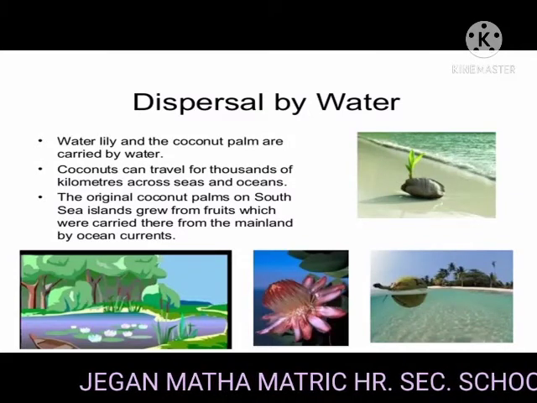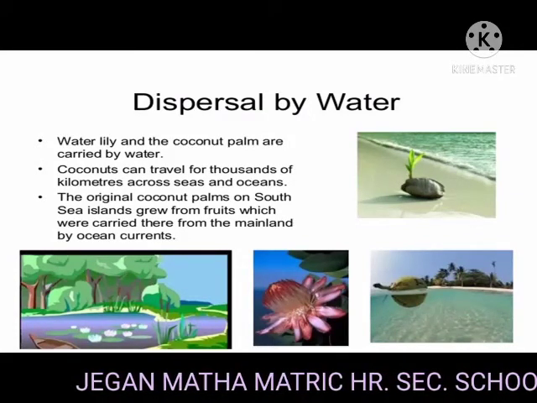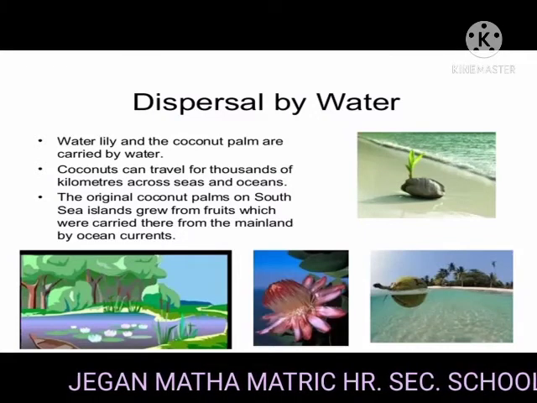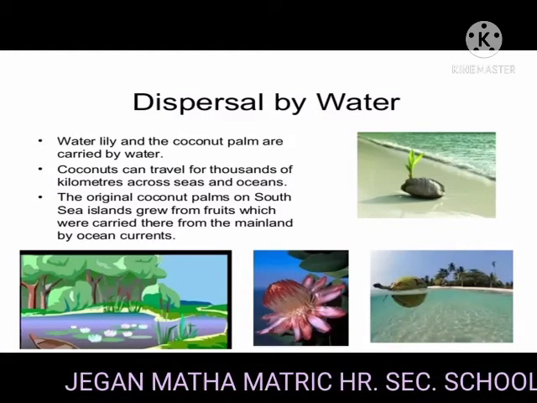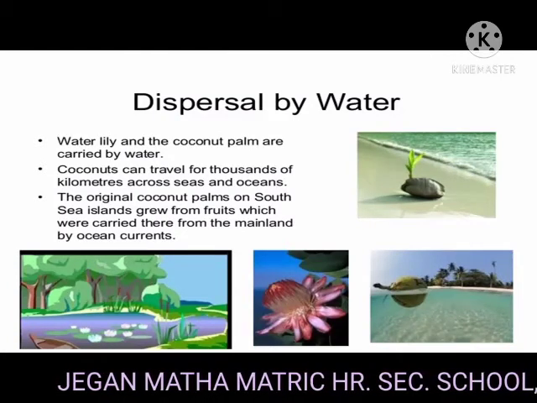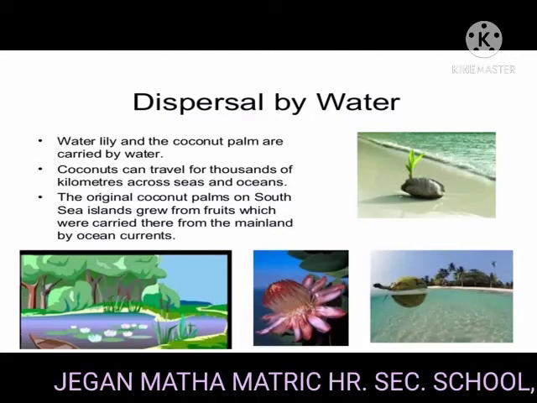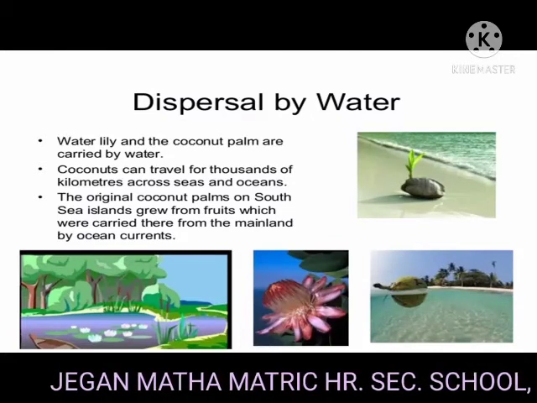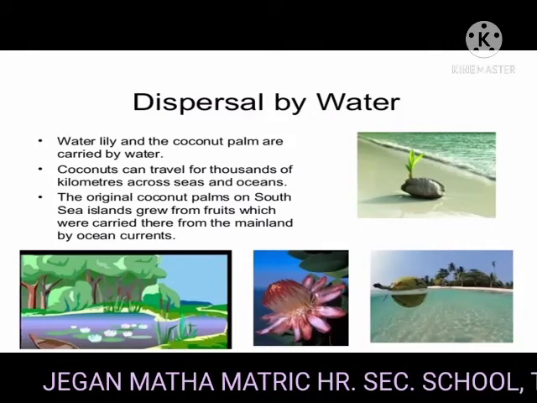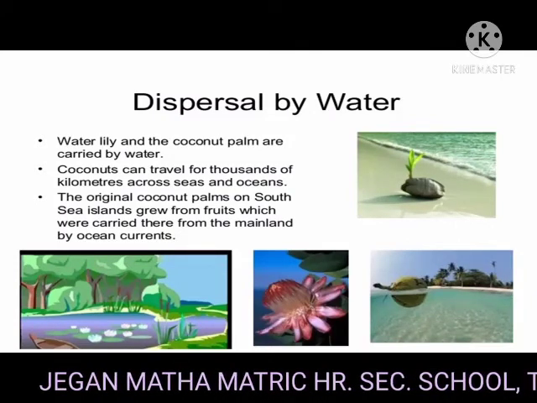Dispersal by water. It is otherwise called as hydrochory. Dispersal of seeds and fruits by water usually occurs in those plants which grow in or near water bodies. Adaptations of hydrochory are: receptacle with prominent air space.